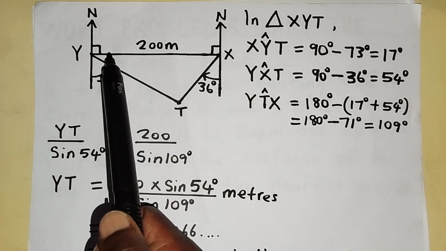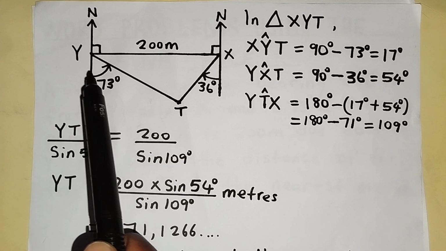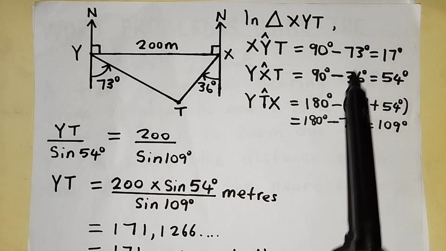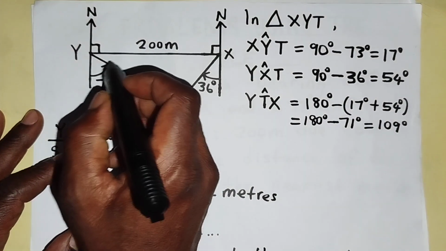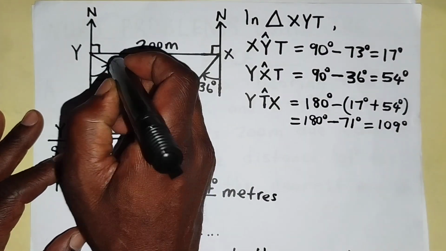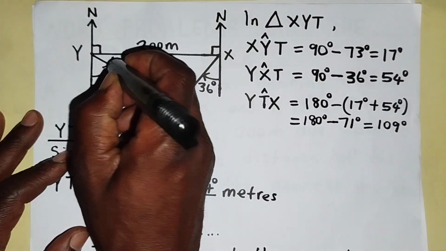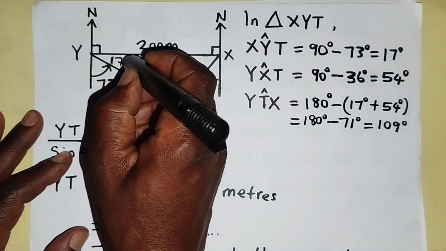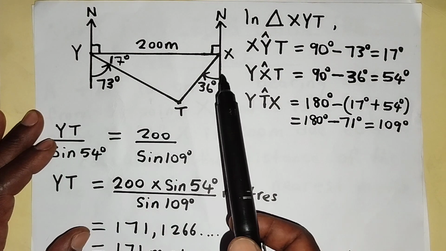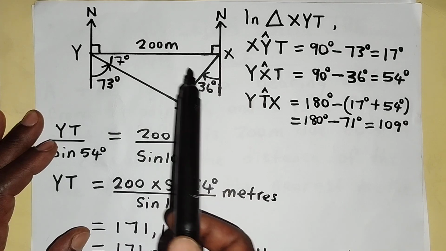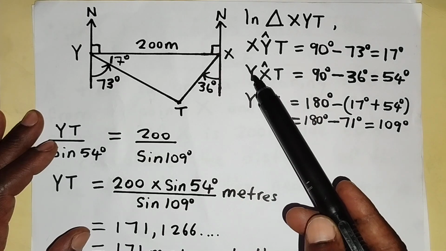Remember, from this line to this south line, there are 90 degrees. So 90 degrees minus 73 degrees, we get 17 degrees. So the size of this angle here is 17 degrees.